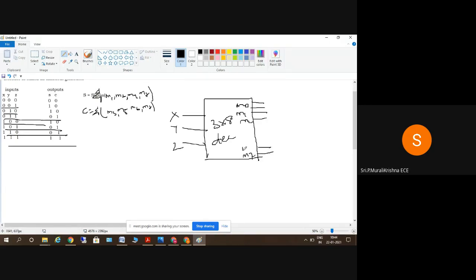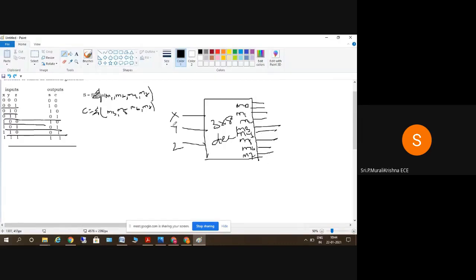So draw the block diagram for this. So M7, M6, M5, M4, and M3. Okay, so M0, M1, M2, M3, M4, M5, M6, M7.